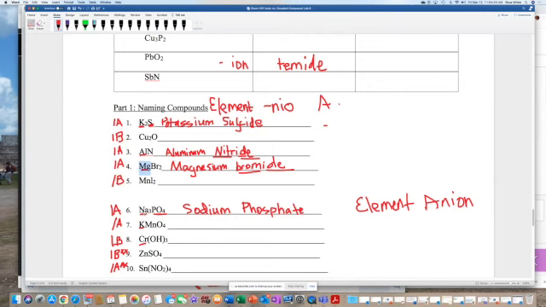Our element here, which is essentially the metal, is sodium. You name it as sodium. Our anion is PO4. And then this 3 goes with the PO4. Even though our formula is Na3PO4, this 3 came from phosphate.